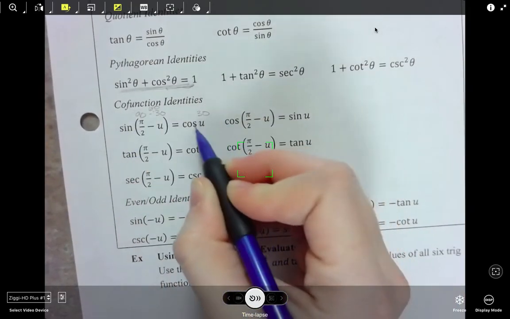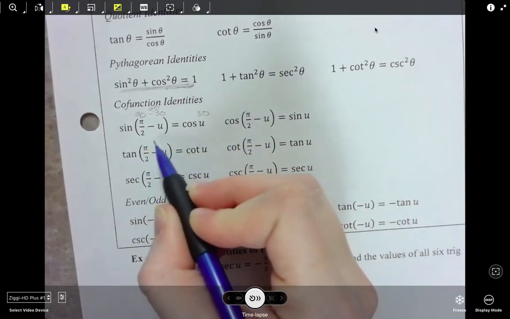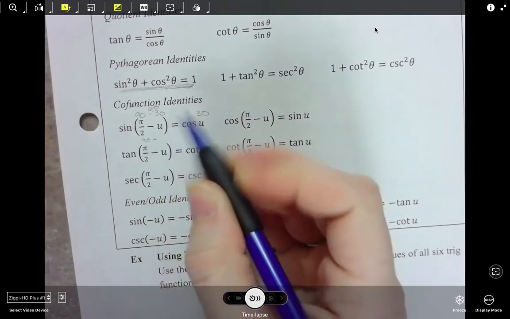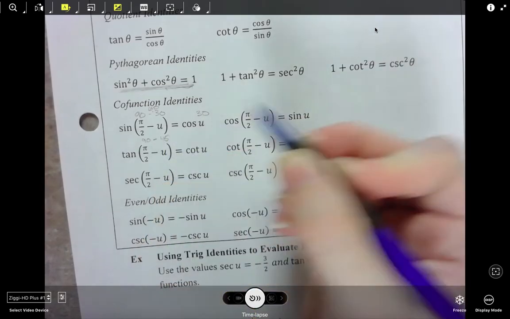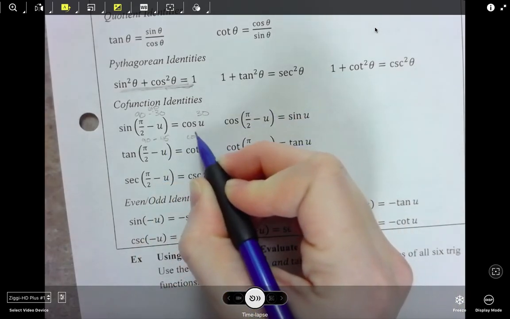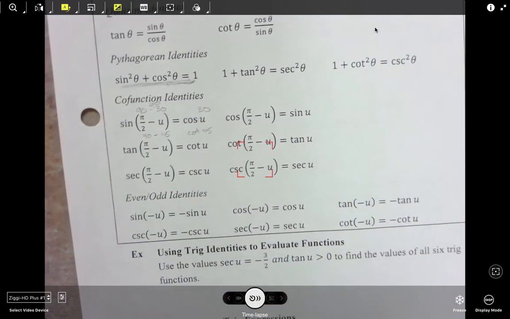Or tangent of 90 minus 45 degrees is the same thing as cotangent of 45 degrees. So those are the cofunction identities.